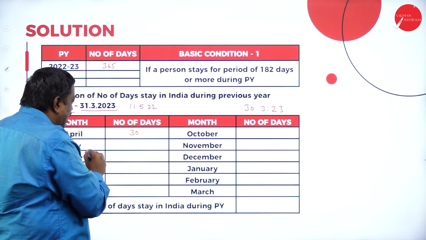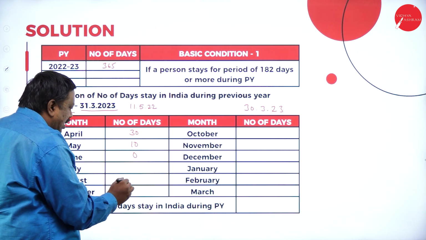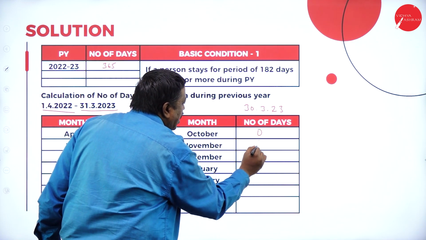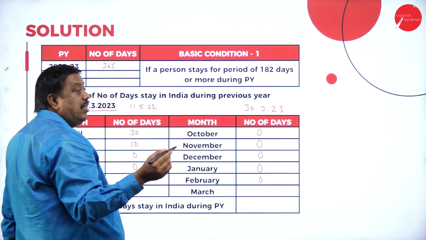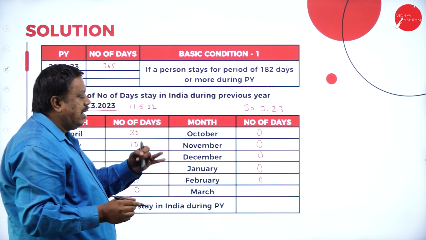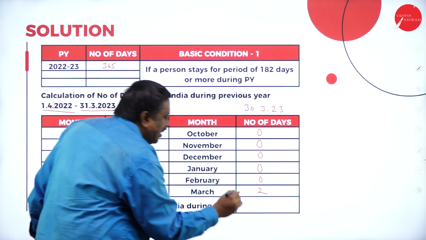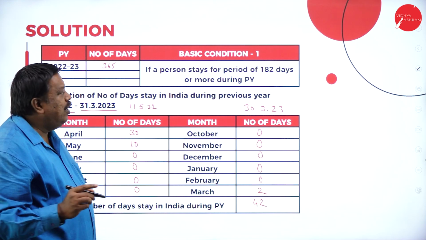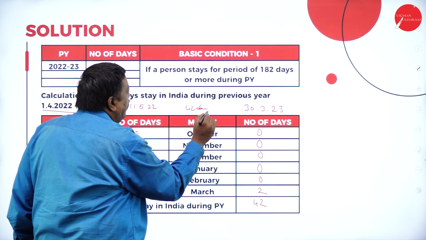On 11th May I left, so in May I was in India for 10 days. June, I was not there. July, August, September, October, November, December, January, February. March 30th I returned, so 30th and 31st, 2 days I was in India. 30, 40 plus 2, 42 days. So I was in India for a period of 42 days during the previous year.